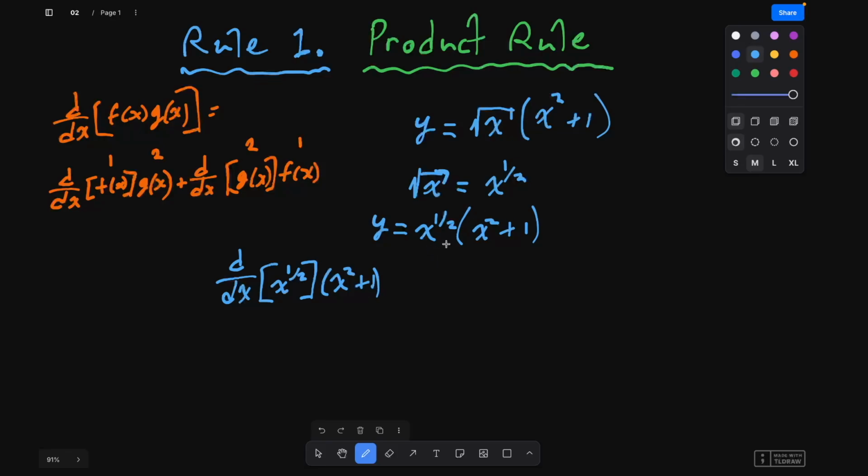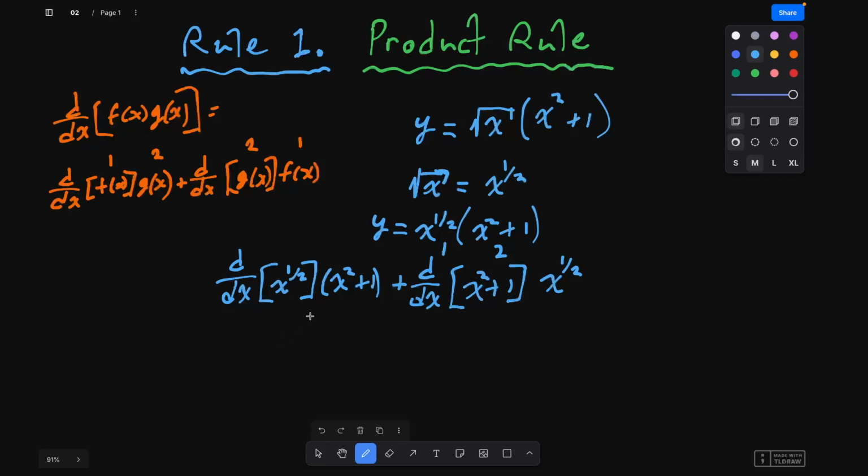Remember, we're calling this our first and this our second. So times the second, and then we have a plus the derivative of the second, x squared plus 1, times the first, x to the 1/2. So we set up the product rule.